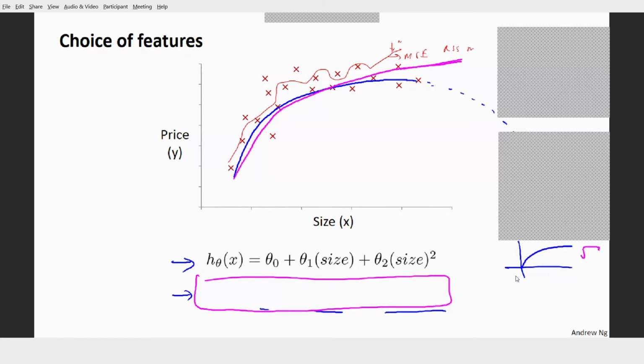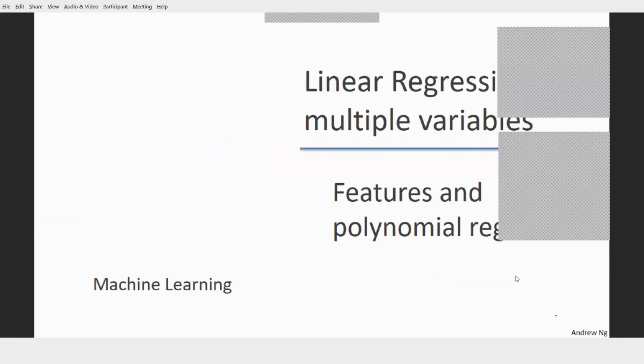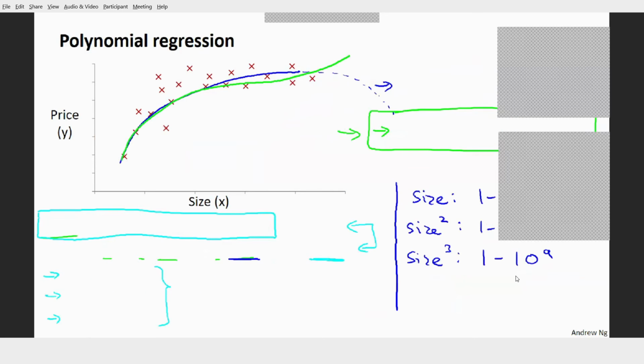Okay. Now, let's move to the next topic, which is polynomial regression. What is the meaning of polynomial regression? It is not necessary that every time your data fits well to a straight line. It may so happen that you require a different function to fit your data.